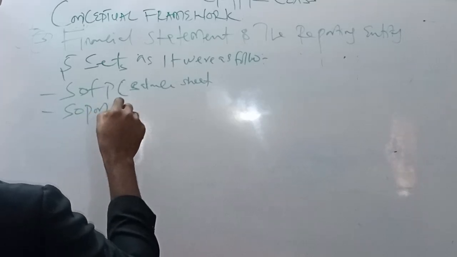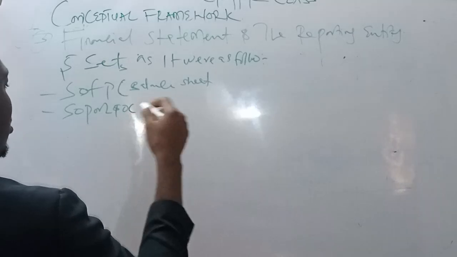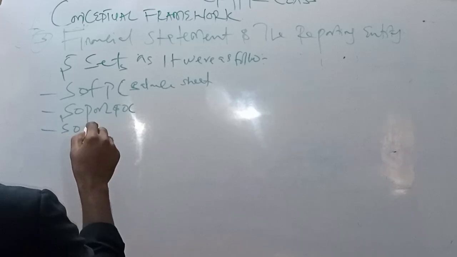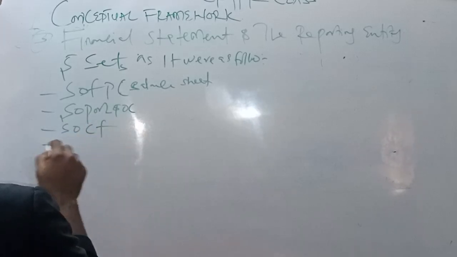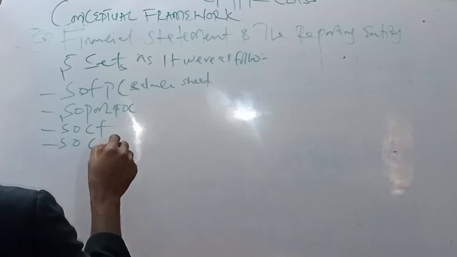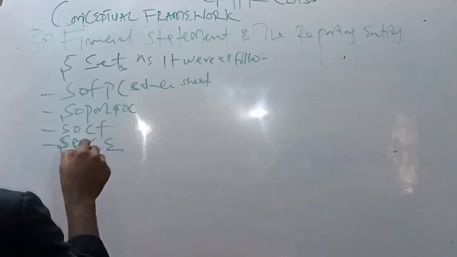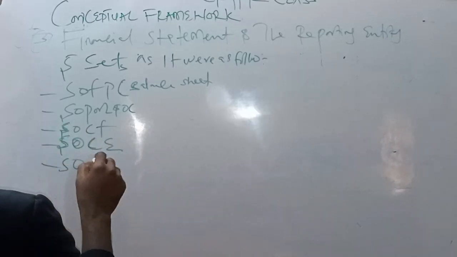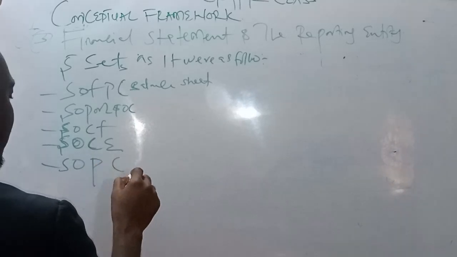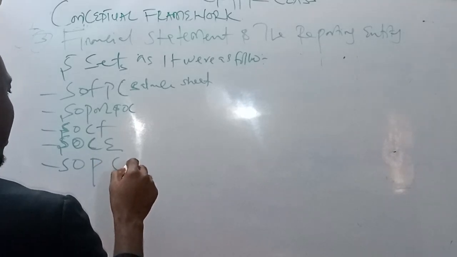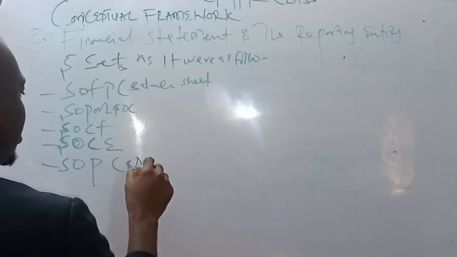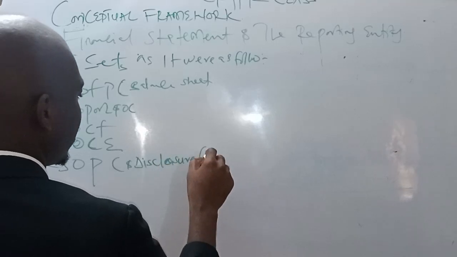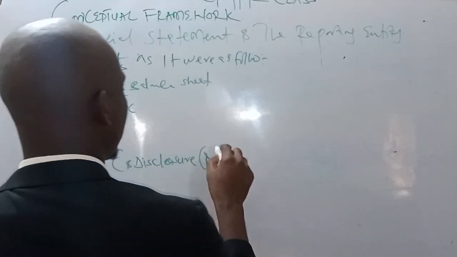We have the statement of profit or loss and other comprehensive income, which is also known as your profit and loss account. Then we have the statement of cash flow. Then the next one, statement of changes in equity. And then we have the statement of policy compliance and adoption and disclosures, which we know as notes to account.